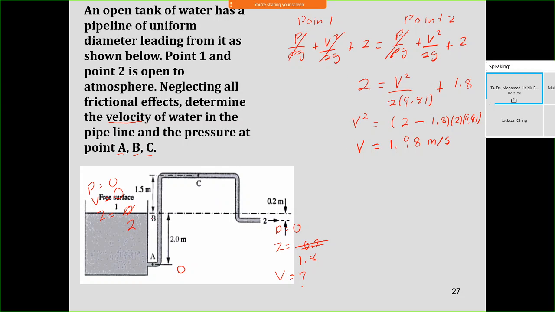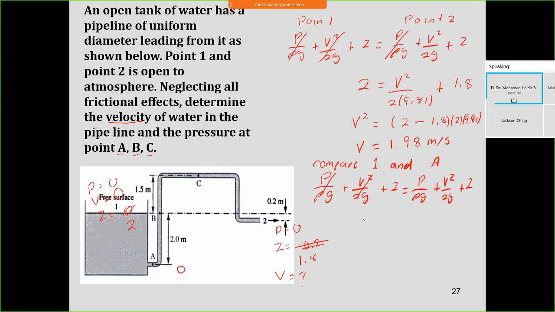Now we need the pressures at points A, B, and C. Let's start with point A. So we compare point 1 and point A. Again, P over rho g plus V square over 2g plus Z at point 1 equals P over rho g plus V square over 2g plus Z at point A. P and V at point 1 can be neglected because the value is 0.